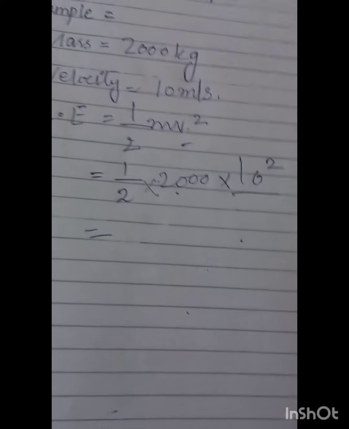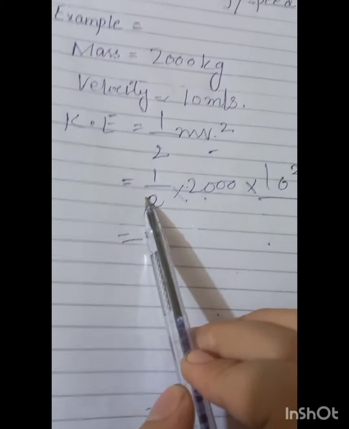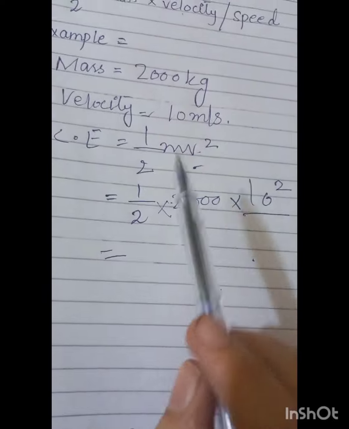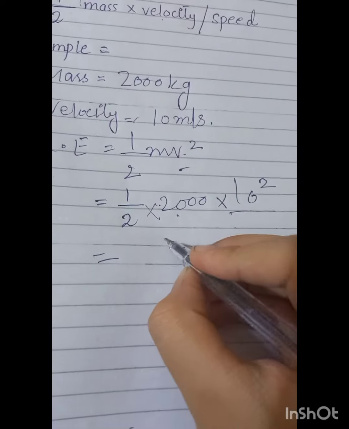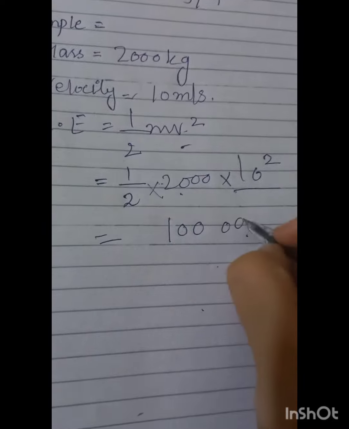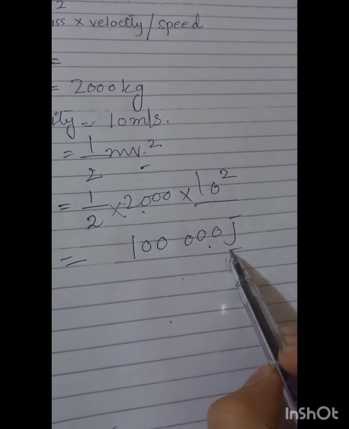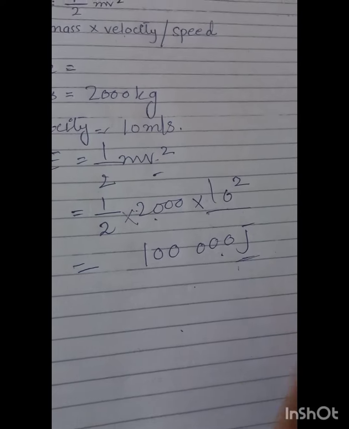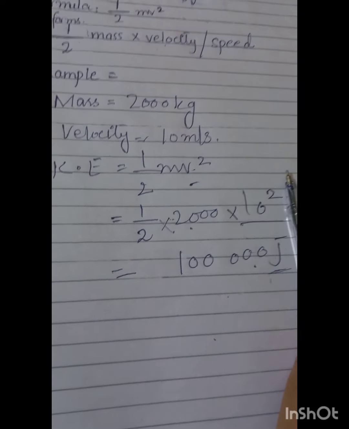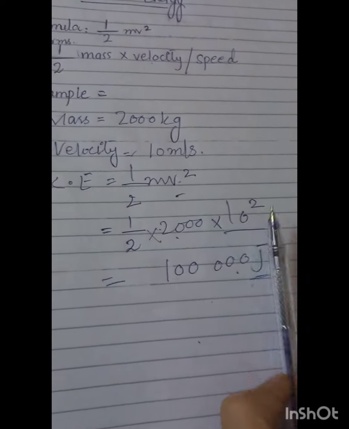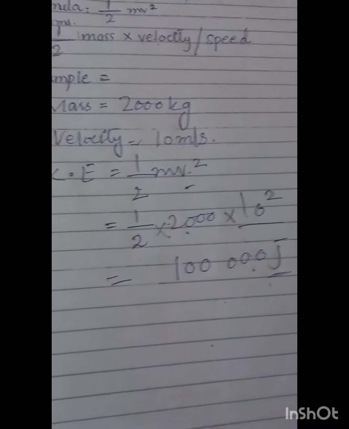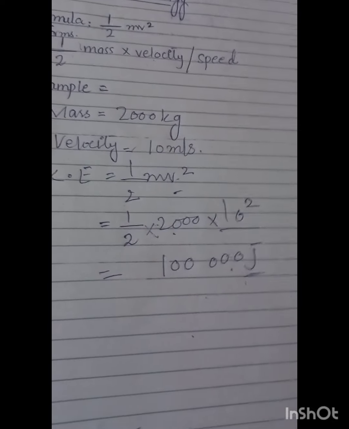So after multiplying and solving all the values, we get this value, and this is in joules, the unit of energy. Kinetic energy and potential energy are both always in joules, and this is our kinetic energy.